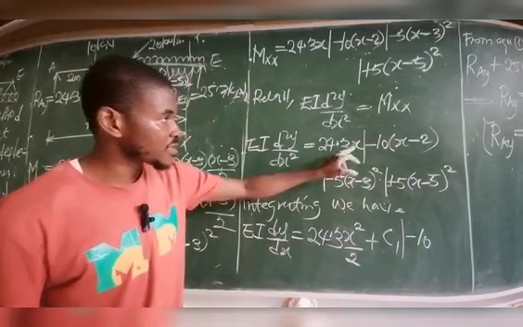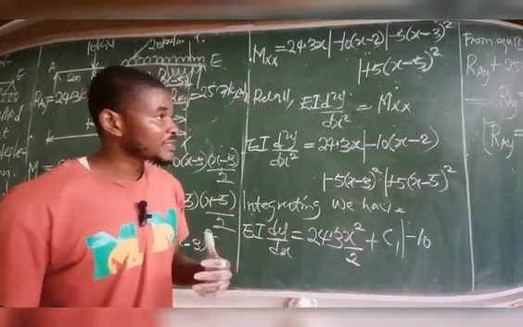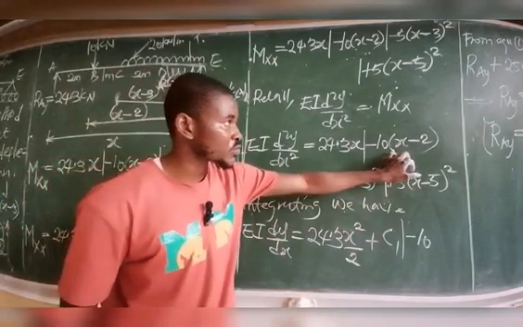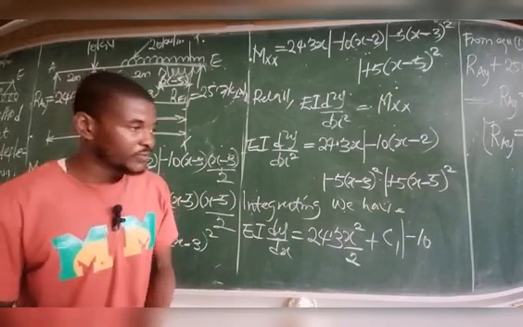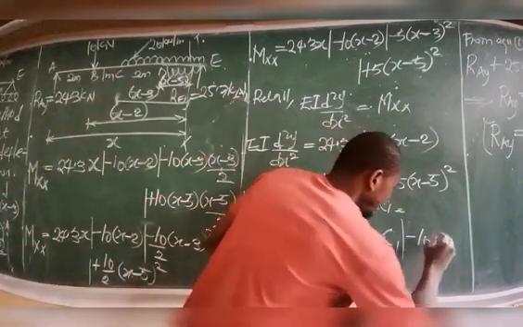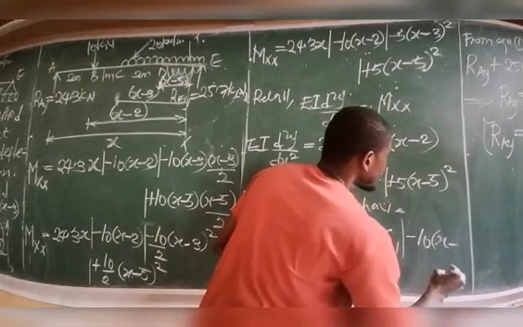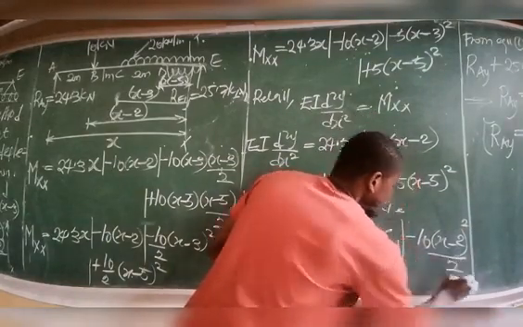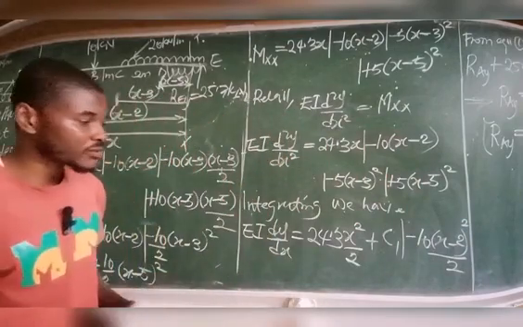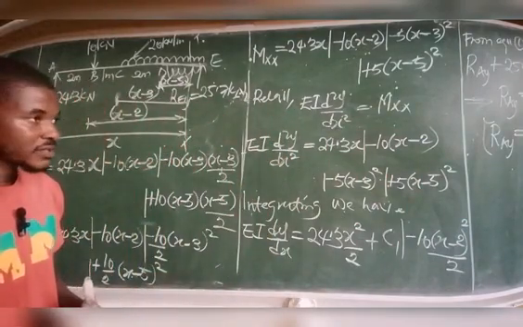So if you integrate, you simply have x minus 2 to the power of 2 all over 2, just like you're integrating a single variable function.